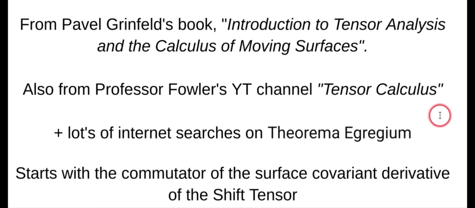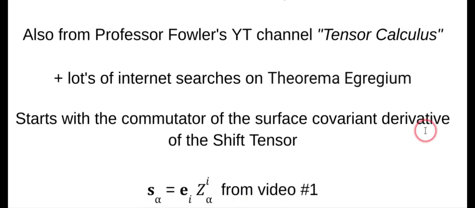I think I do. Okay, it starts with the commutator of the surface covariant derivative of the shift tensor. Now, we defined the shift tensor in video number 1 of the curvature tensor playlist, where it is related to the surface basis vector via the ambient basis vector.